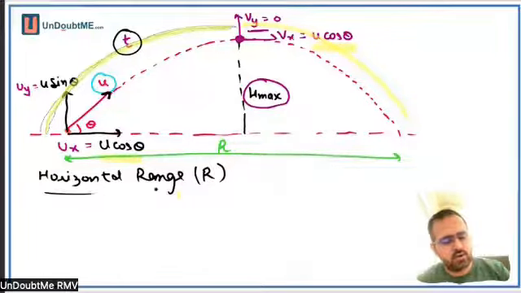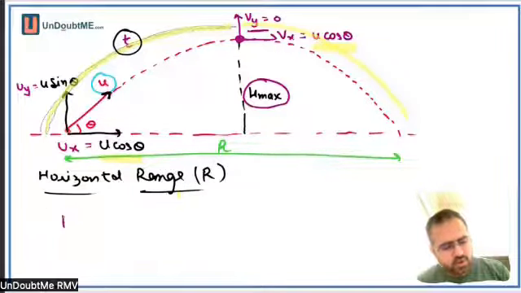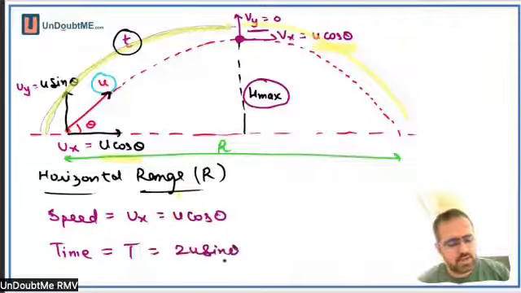So since it is a horizontal range, the velocity or the speed which we are going to use will be ux, that is u cos theta, and the time which we will be using is the time of flight, capital T, that will be 2u sine theta by g. We have solved it just before. So 2u sine theta by g will be the total time, and u cos theta is the speed in x direction.